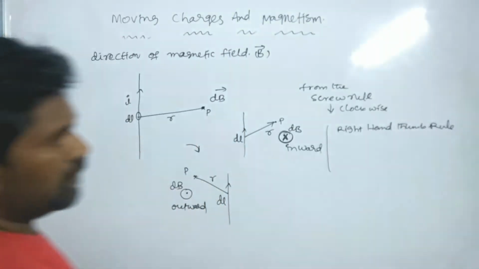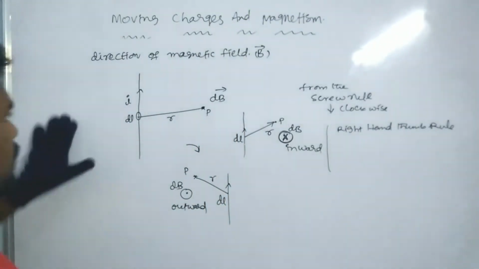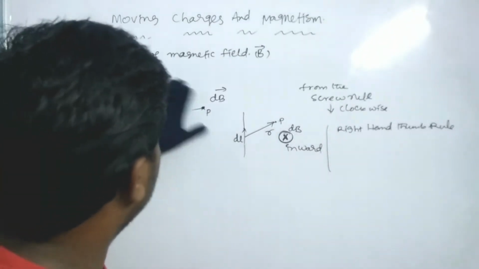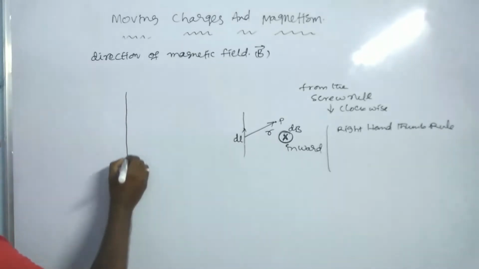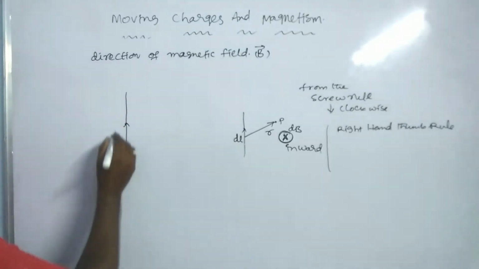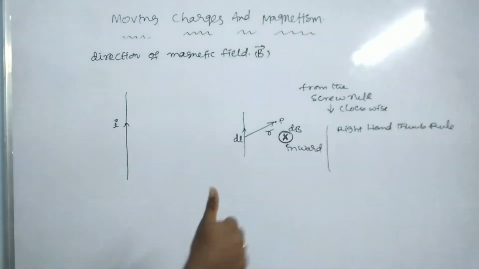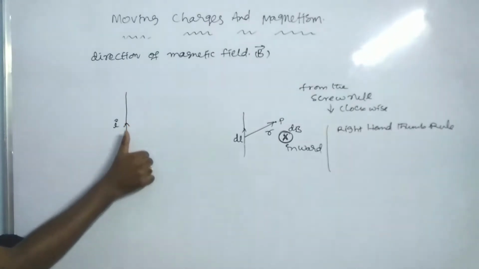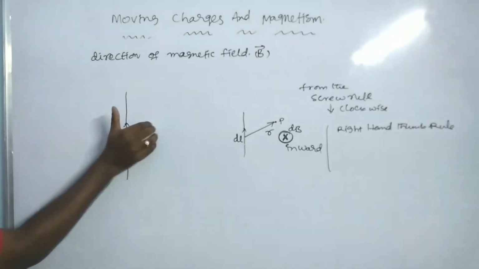So what is the right hand thumb rule? Here there is a current carrying conductor, this is the right hand, the thumb should be like this, the direction of the current, and this can be called the magnetic field.